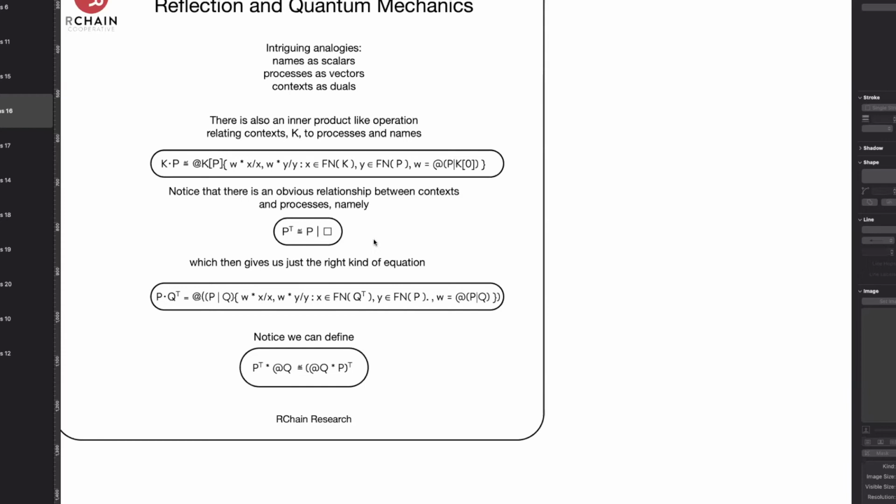So we're kind of shifting over into vector space land. Now there is a relationship between the two that you can play around with, and I encourage you to do so, because we know that there's a relationship between a context and a for comprehension, right? So there's a way to dualize a for comprehension, which would be to send a 0 in, right?